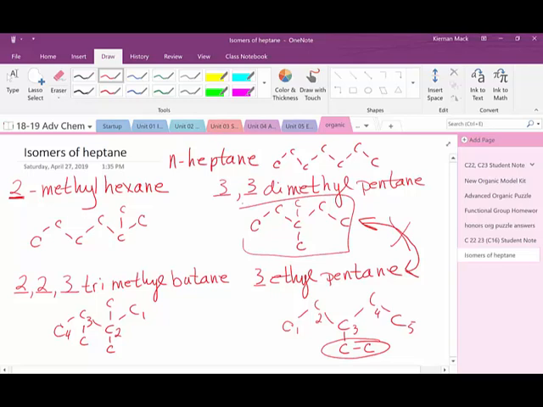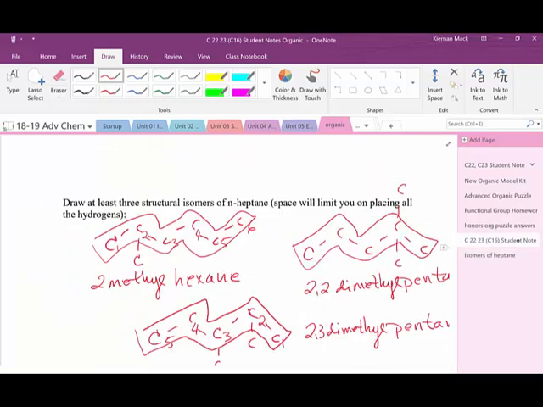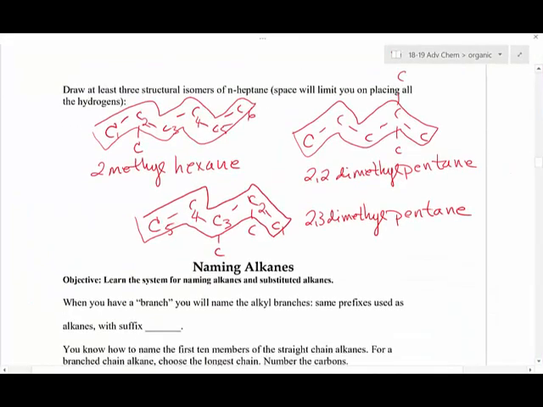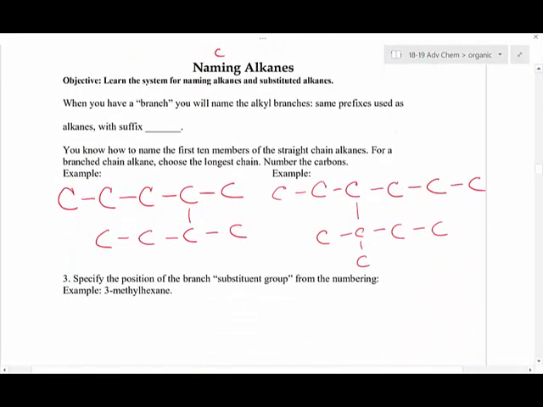Okay, let's go back to our notes and we'll go through a little bit more detail in regard to naming alkanes. When you have a branch, you will name the alkyl branches the same prefixes we use with alkanes and the suffix -yl. And the first thing we need to do is choose the longest chain. So looking at this, I'm going to box the longest chain that I have.